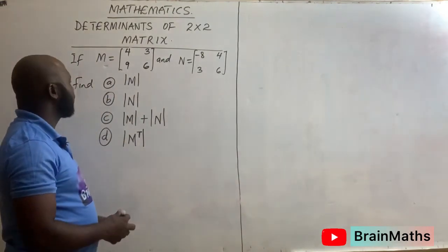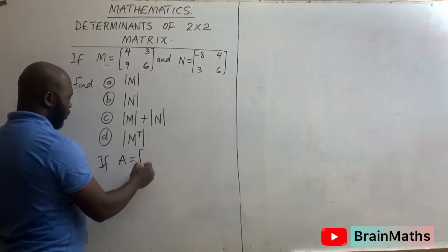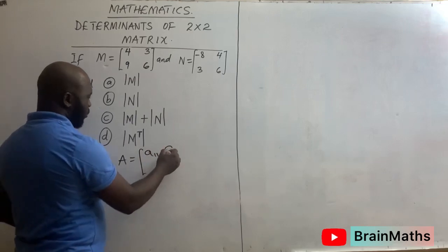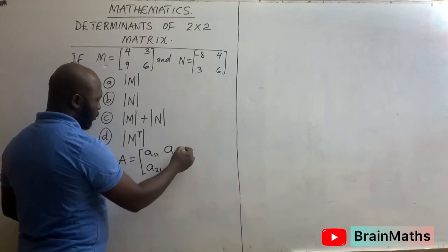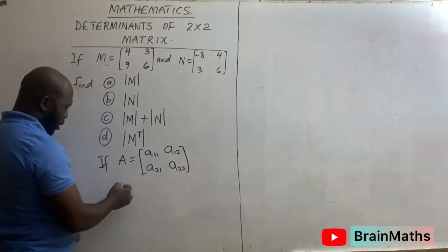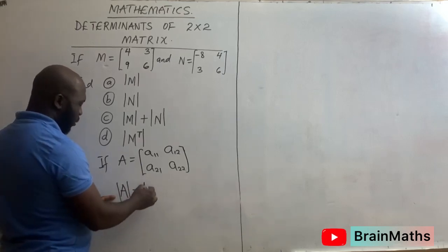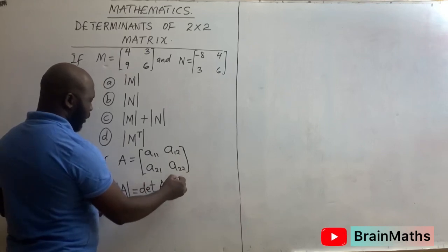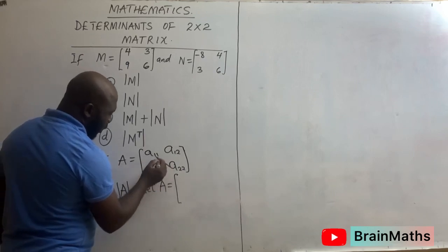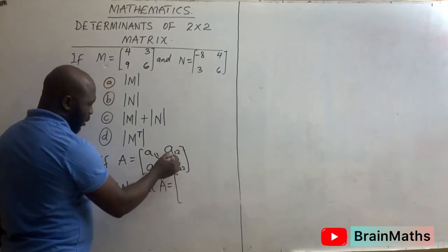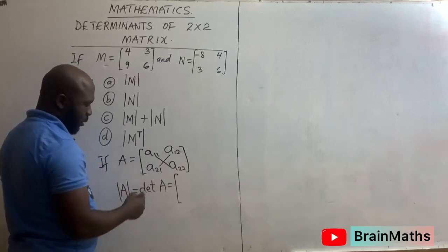For a 2 by 2 matrix, if a matrix A is given with elements A11, A12, A21, and A22, the determinant of A is found by drawing a diagonal in the matrix that is given, that is the leading diagonal, minus the other diagonal.